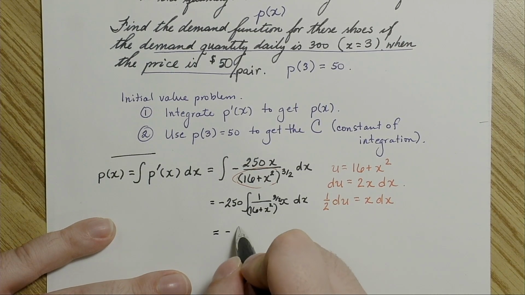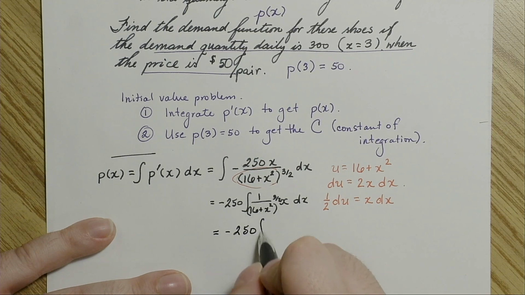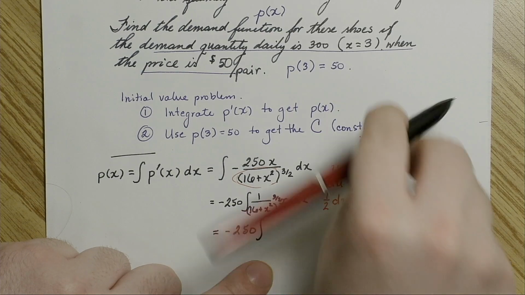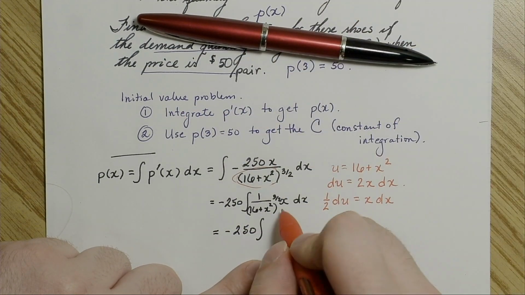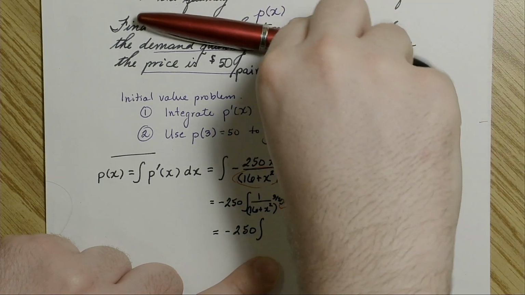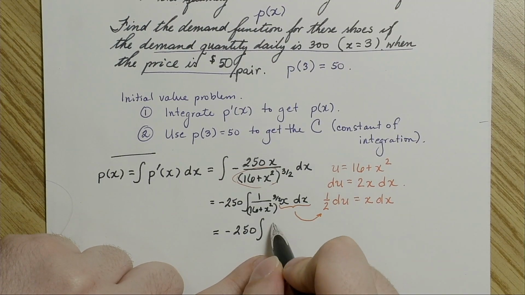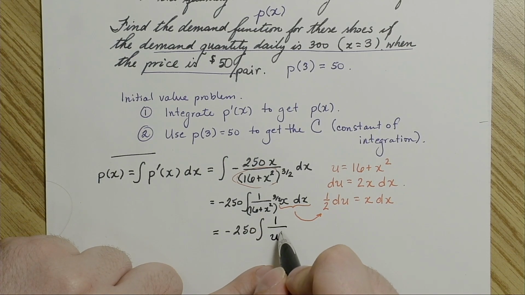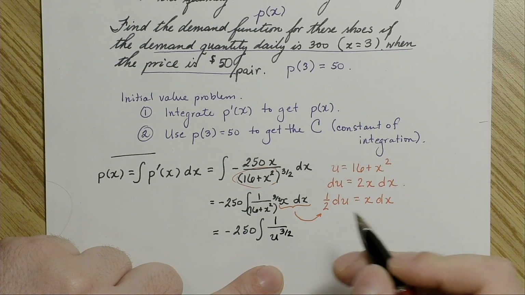So I got minus 250 and I have 1 over, and now I substitute in the u, so that is u to the 3/2.